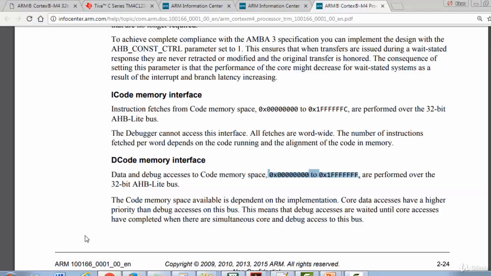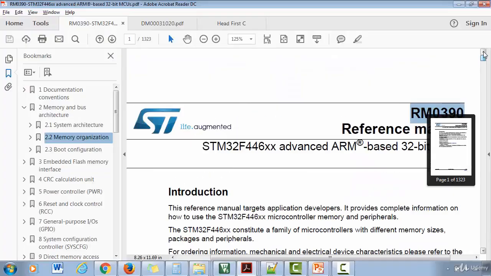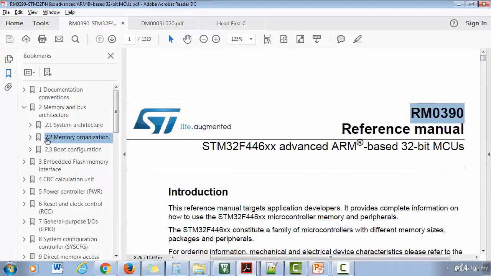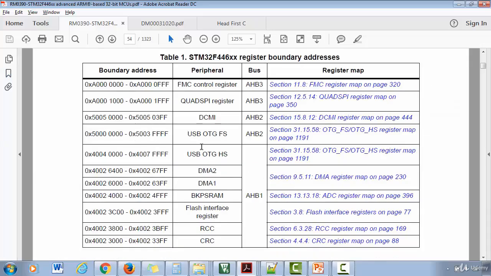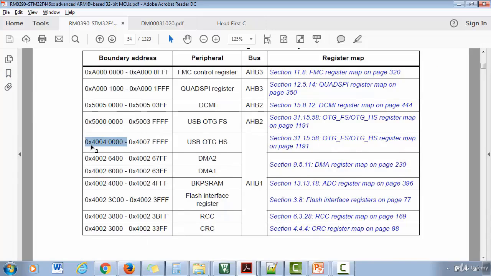So now let's go back to our diagram. Let me again open up my reference manual because I want to visit the memory map of the microcontroller. And here you already know that the peripheral region starts from either 400 or 500.